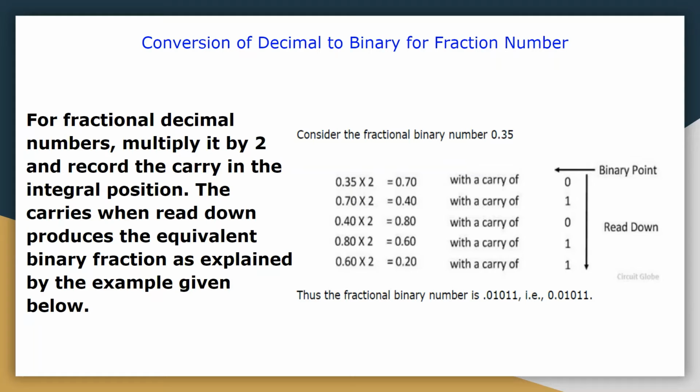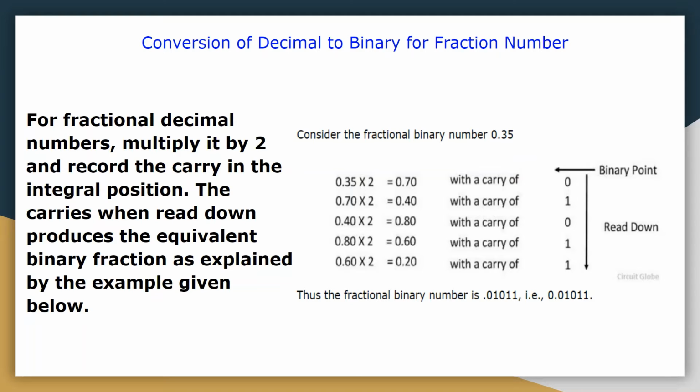And if we multiply 0.80 by 2, it produces 1.60. That one is carried forward to the carry forward column. Next, 0.60 times 2 produces 1.20, that one goes to the carry forward column. Here you have to read it from upward to downward.